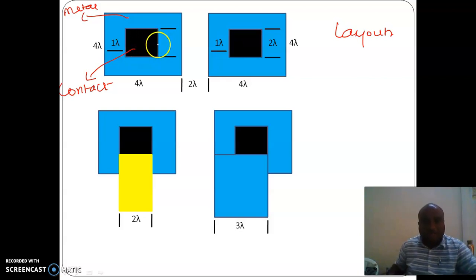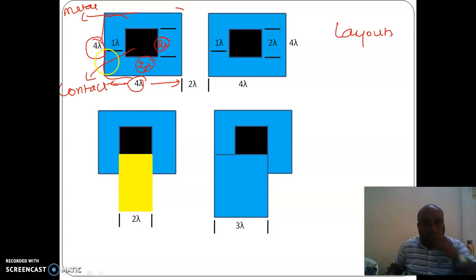The metal boundary should be 4 lambda by 4 lambda, in which the contact is a square of 2 lambda by 2 lambda on each side, and the separation of the contact from the edge of the metal layer is 1 lambda.